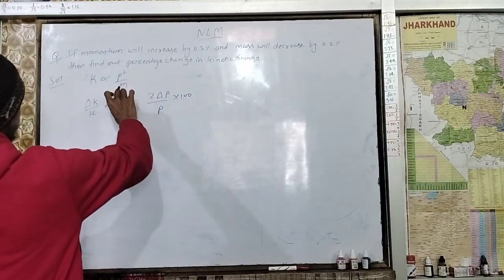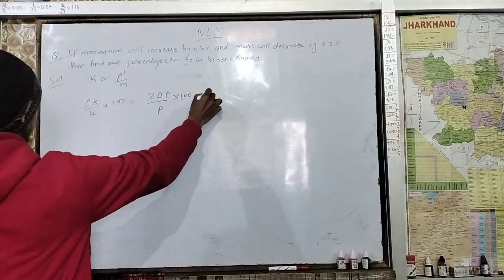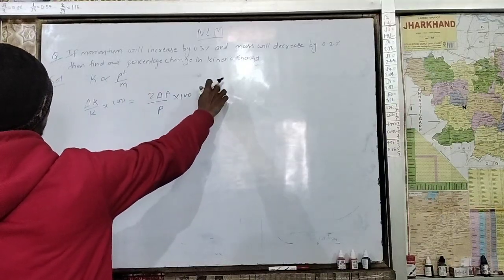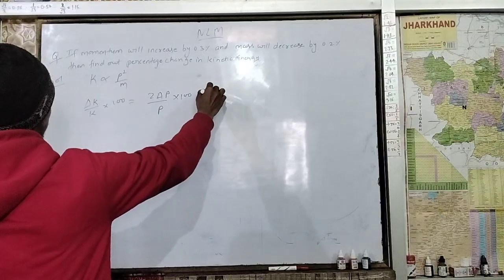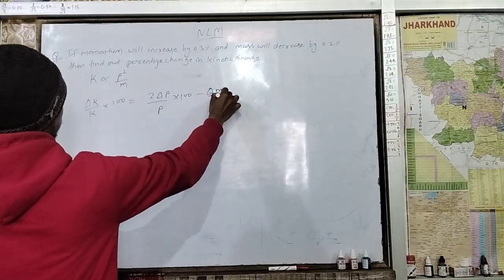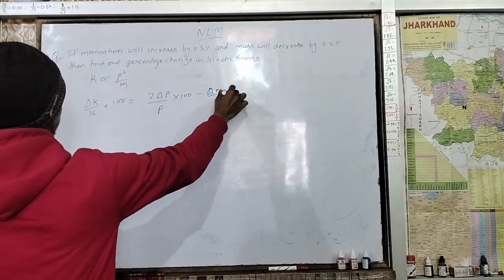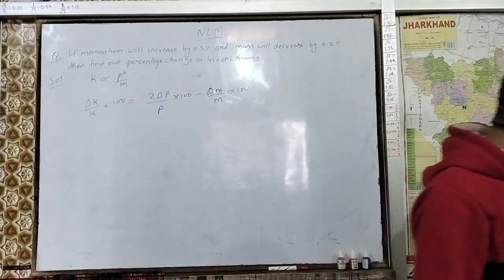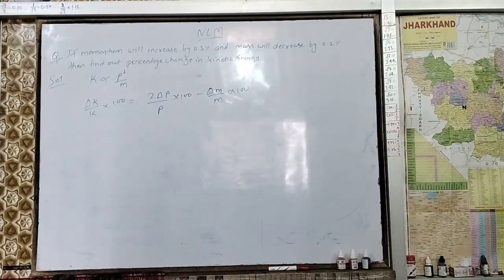Now it's time for m. Minus complete delta m upon m multiplied by 100. That is how we will write delta m upon m multiplied by 100. Now it's time to solve it.